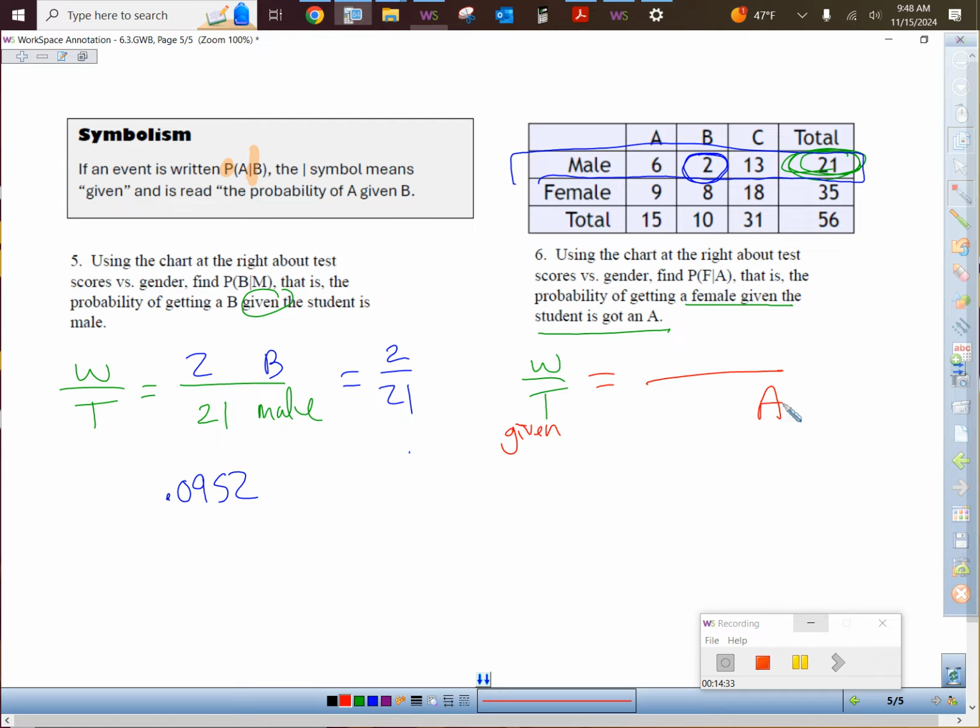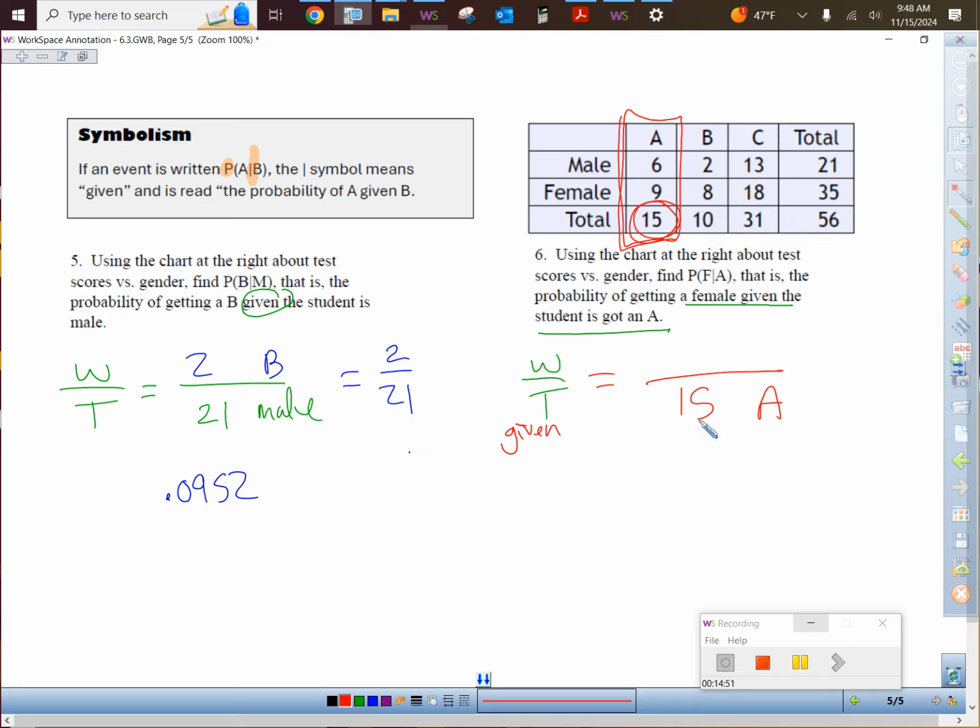Erasing all my junk from this chart, I need to know the total number of A's. What do you feel that should be? That's 15. Here's the A column. We're going up and down now, and there are 15 total A's in that classroom. I know it's backwards from last time, right? So we got to read carefully.